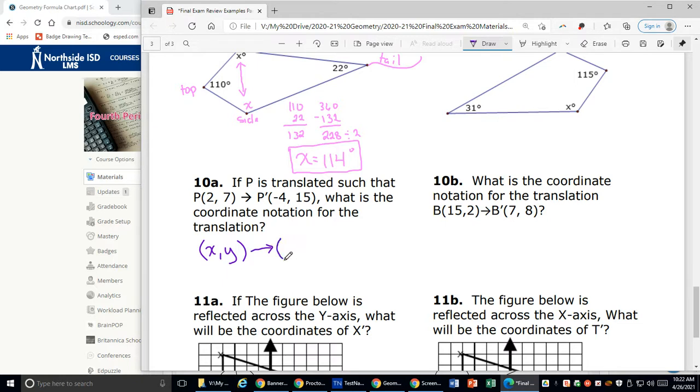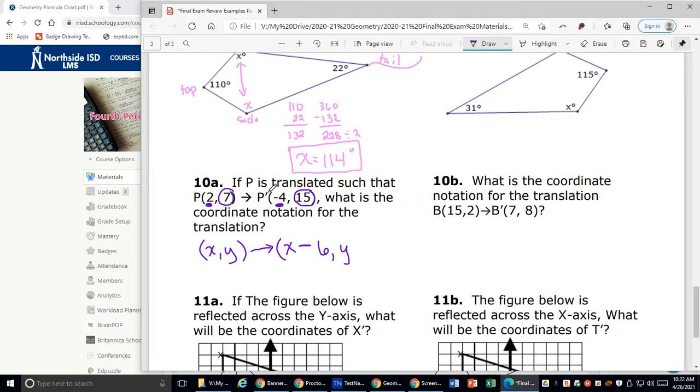So xy translates to x, and then let's see, if I'm going from 2 to negative 4, I'm definitely getting smaller, right? Because I'm going from a positive number to a negative number, so I'm decreasing. How much am I decreasing to get from 2 down to negative 4? I'm decreasing by 6. Then for y, I'm going from 7 all the way up to 15.